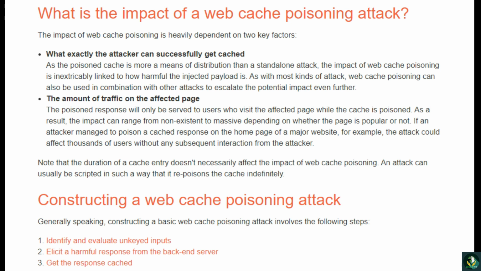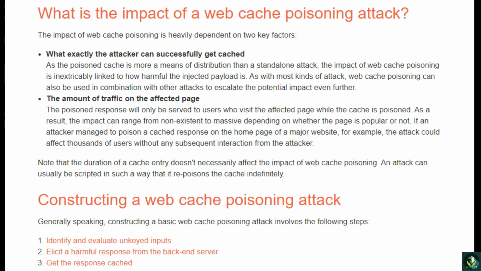As with most kinds of attack, web cache poisoning can also be used in combination with other attacks to escalate the potential impact even further. Regardless of the amount of traffic on the affected page, the poisoned response will only be served to users who visit the affected page while the cache is poisoned.